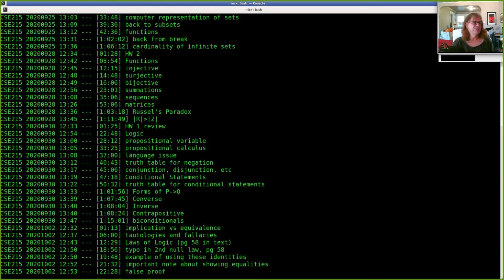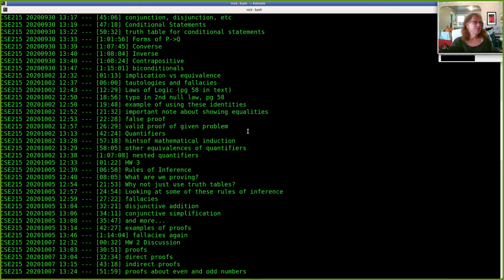And some of this stuff we talked about, like Russell's paradox, I'm not going to ask you about Russell's paradox. I might ask you something about sequences or summations or matrices or injective functions or bijective functions. But the majority of the points are the things that we've been spending most of our time on and that we've been doing most of our homework on.